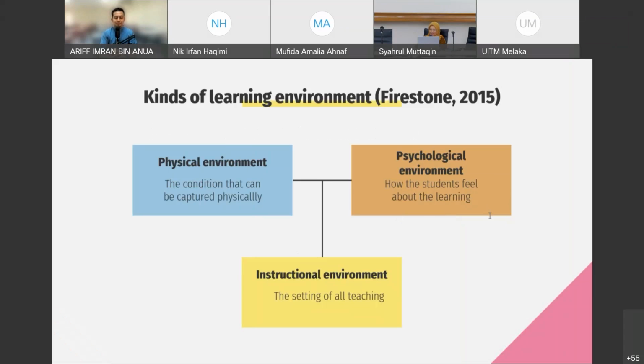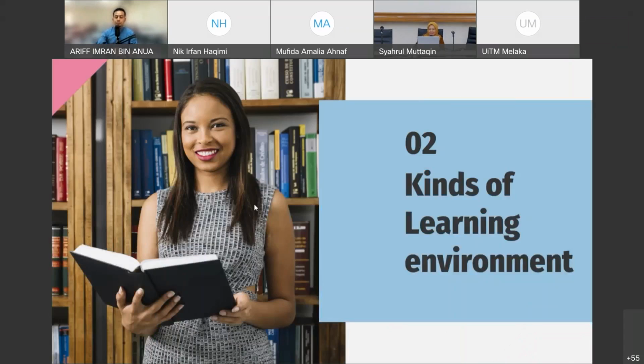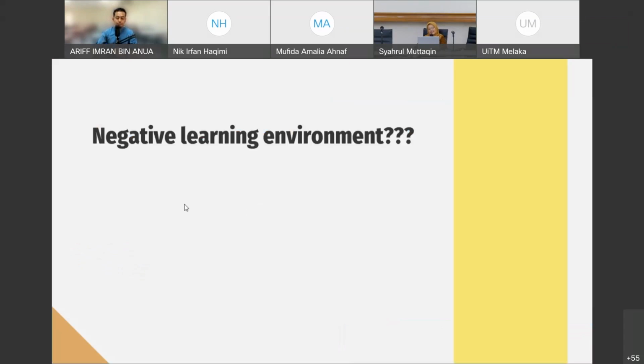They don't show interest. That situation will happen when the students are in negative learning environments.